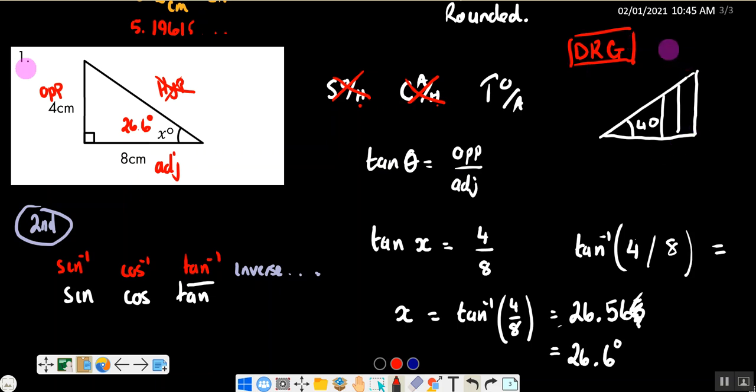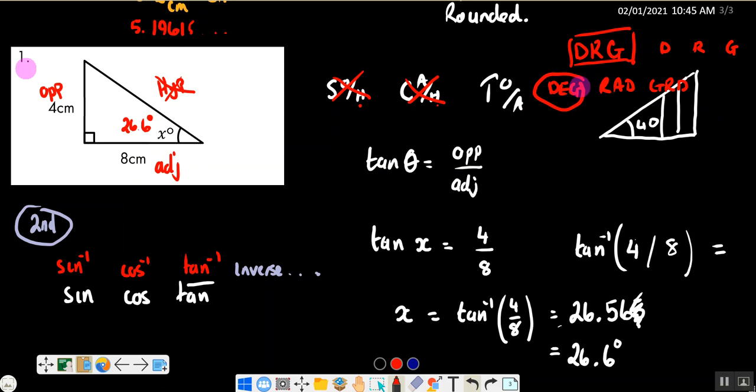So you'll see there's a little D, a little R, or a little G. It comes up on your screen if you press it, yeah? Well, you have to select, don't you? Does it say DEG, RAD, and what's the other one? GRD. Alright.